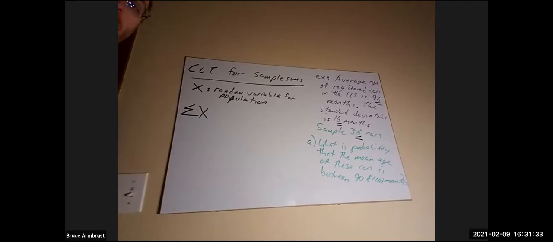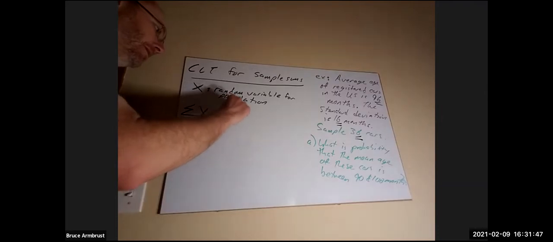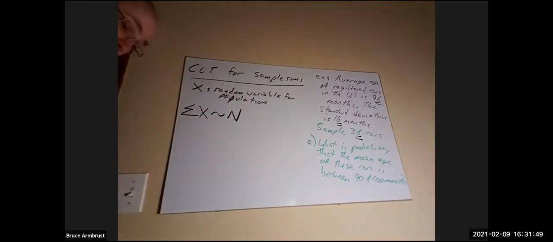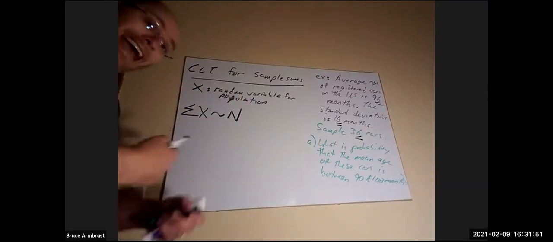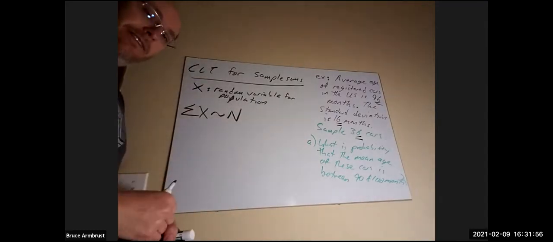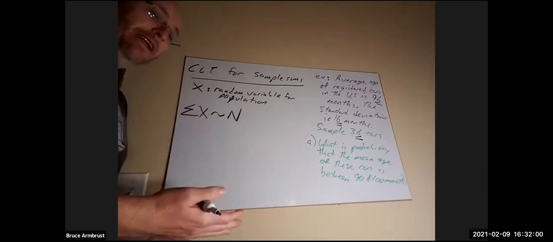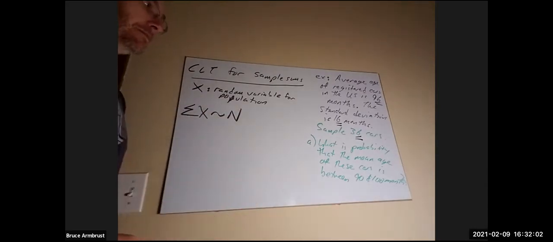Well, this is also going to follow a normal distribution. Just like with the sample means, the sample sums are also going to follow a normal distribution. So this time we're adding them all up. We're taking the sample and adding all the ages, all the heights, whatever it happens to be.